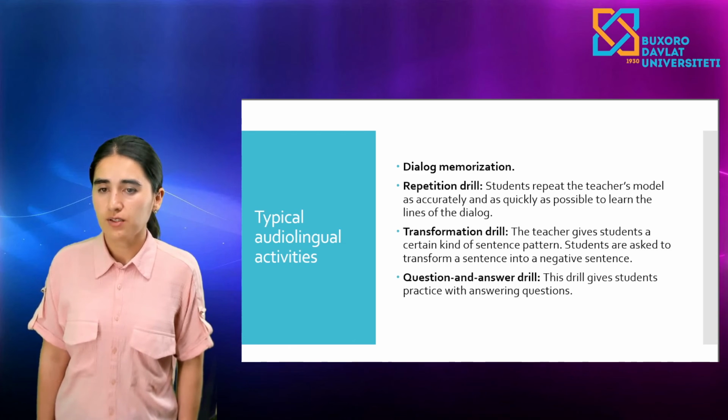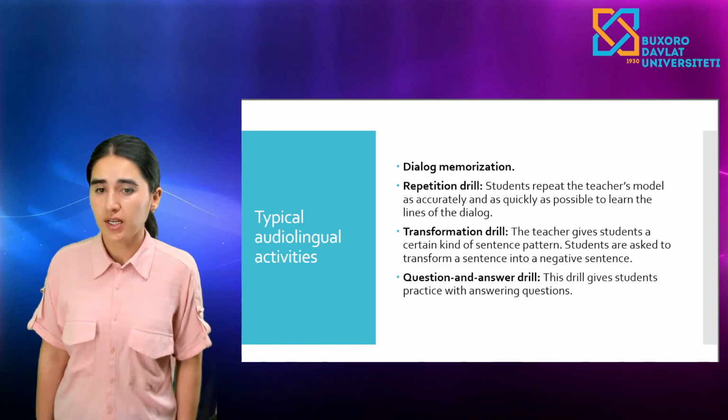In the stage of the transformation drill, the teacher gives students a certain kind of sentence pattern. Students are asked to transform a sentence into a negative sentence. While in the stage of the question and answer drill, this drill gives students practice with answering questions.